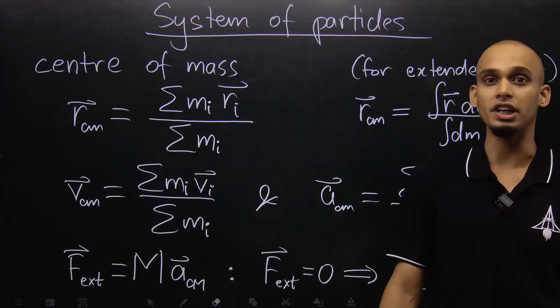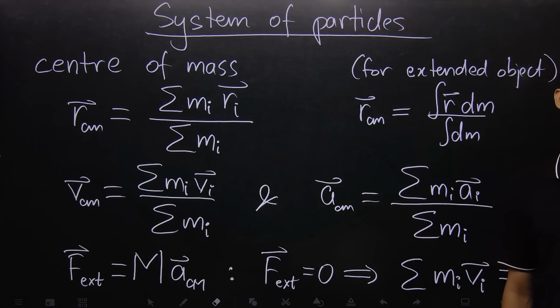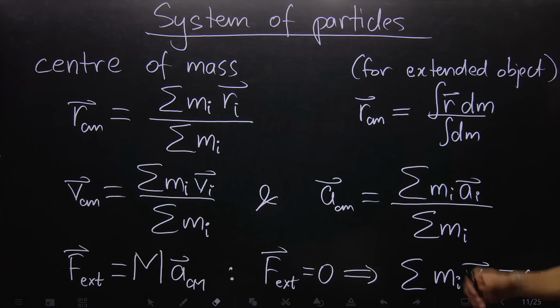Summation of the product of mass and positions upon the total mass in the system will be the center of mass. Similarly, this summation becomes integration in the case of extended objects. We assume mass element dm everywhere in the object and integrate it with respect to its position to get the center of mass of any extended object also.